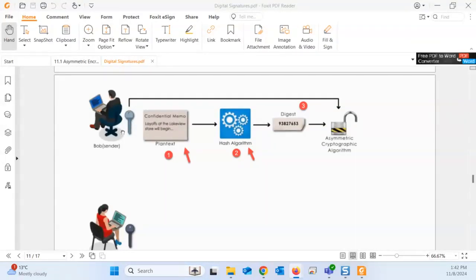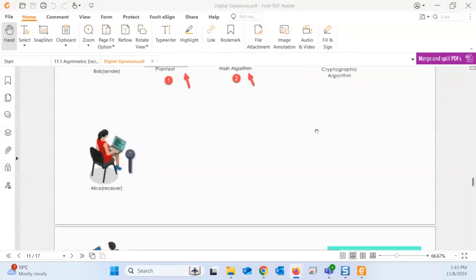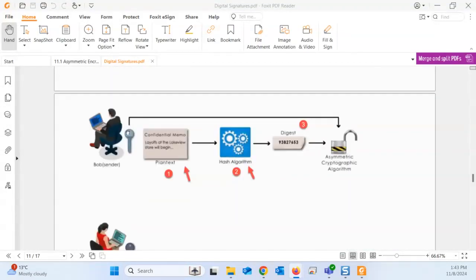So now he's going to encrypt that digest using the asymmetric cryptographic algorithm. And again, we are not looking at what algorithm. There are algorithms available in the market, but he will only encrypt the digest using the private key he has. So from Bob's point of view, he has done his job.